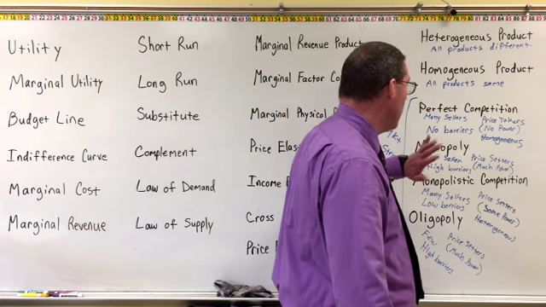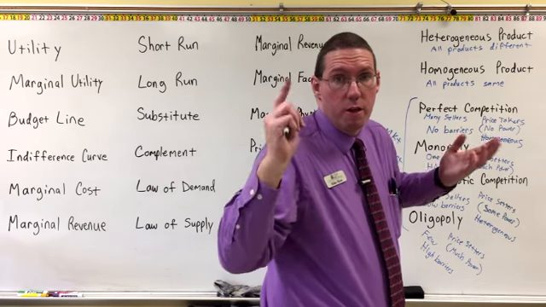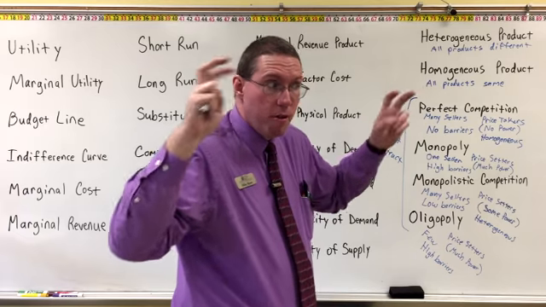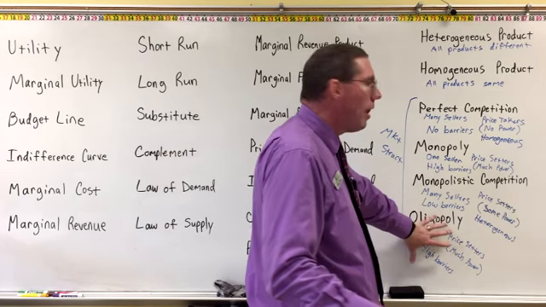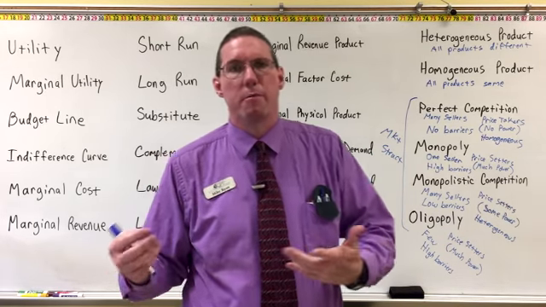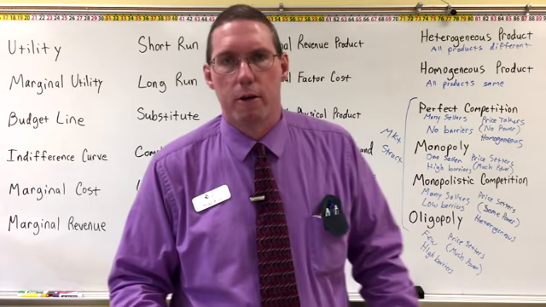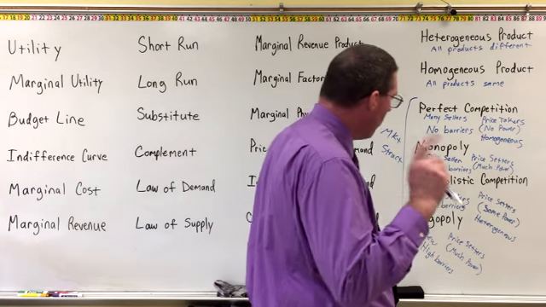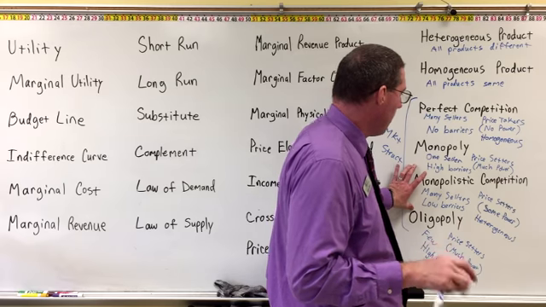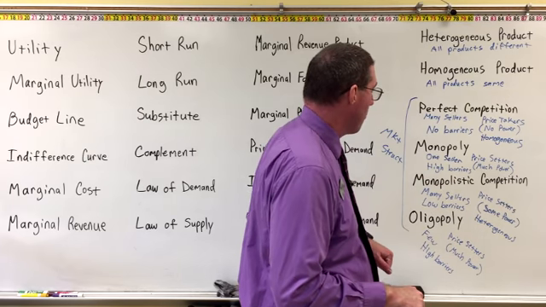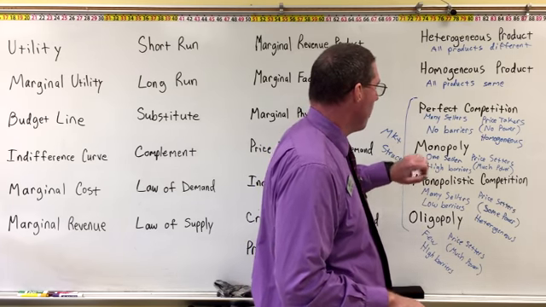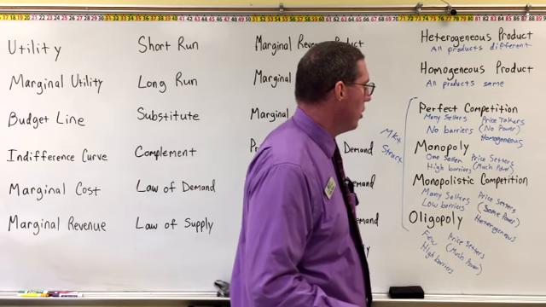Now, monopoly, irrelevant. There's only one seller, so it doesn't matter whether their product is the same or different because there's only one seller. In oligopoly, it can be either one. Oligopolies sometimes sell homogeneous products, sometimes they sell heterogeneous products. But one of the key components of monopolistic competition is that they sell a heterogeneous product. And one of the key components of perfect competition is that they sell a homogeneous product.